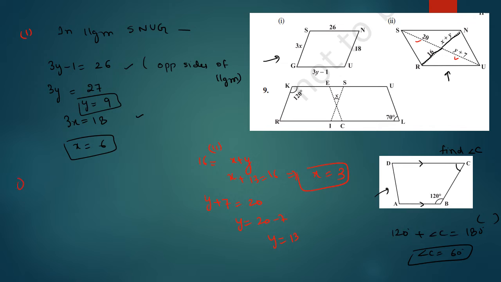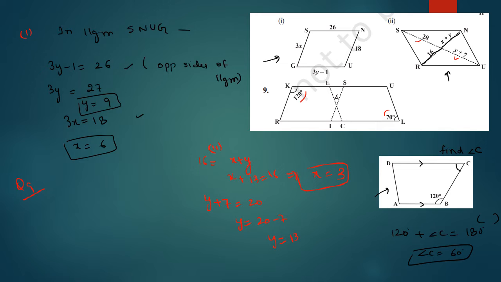Now question number 9. We have to find out the x. How can you find it? Tell me. You try it on your own. Don't tell me that these two angles are not equal when it is a parallelogram. No. This whole KULR is a trapezium.